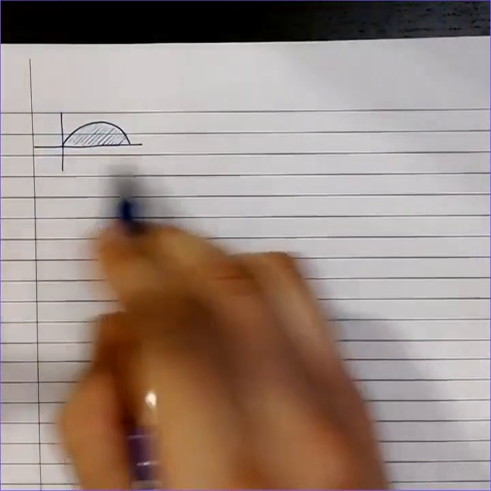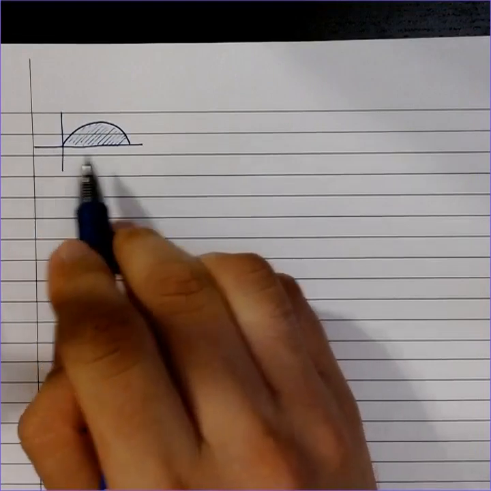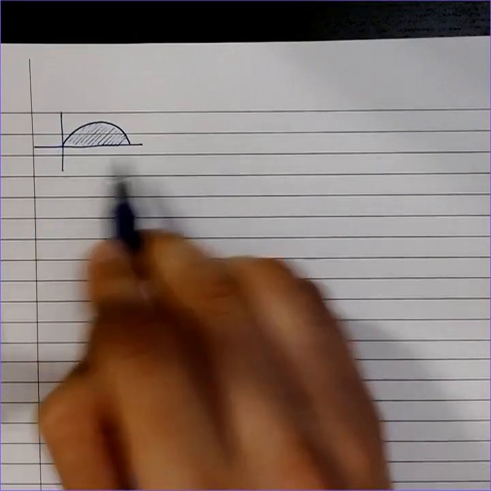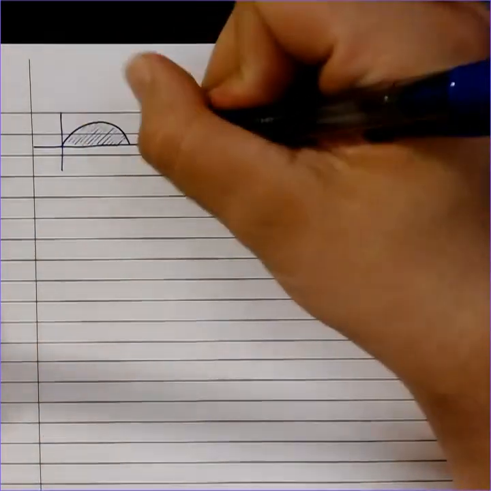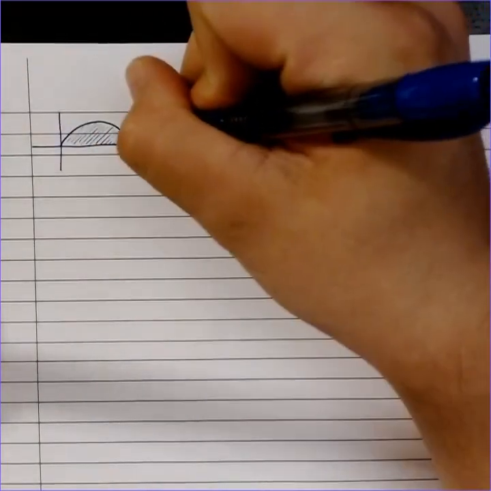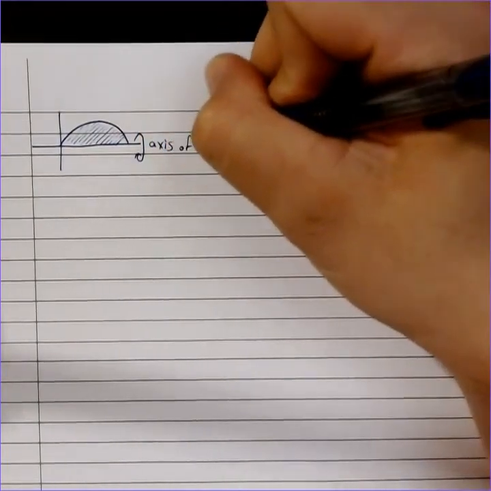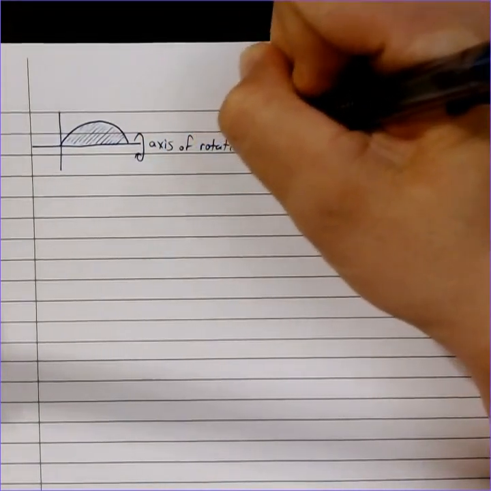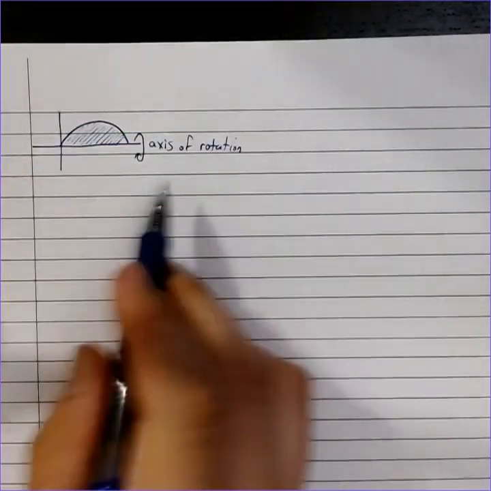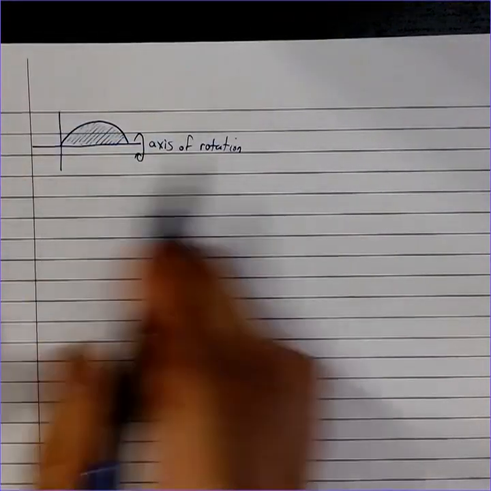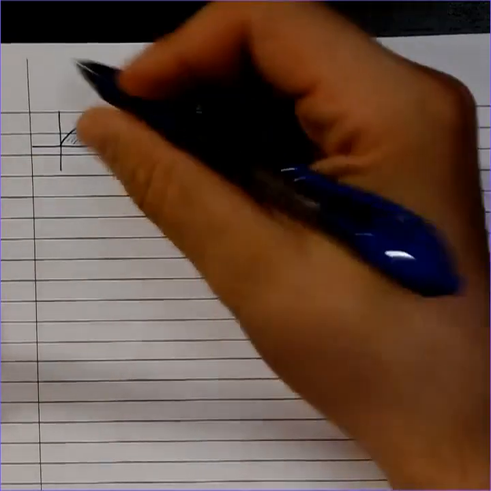You say, well, don't you mean the x-axis? Well, we're going to call it the axis of rotation because it won't always be the x-axis. So here, this is revolving around this. This is called the axis of rotation. And for now, we are looking at it being the x-axis, but it won't always be.